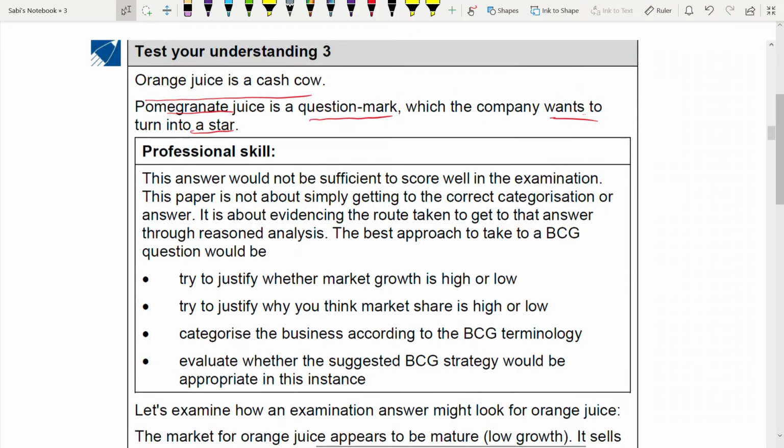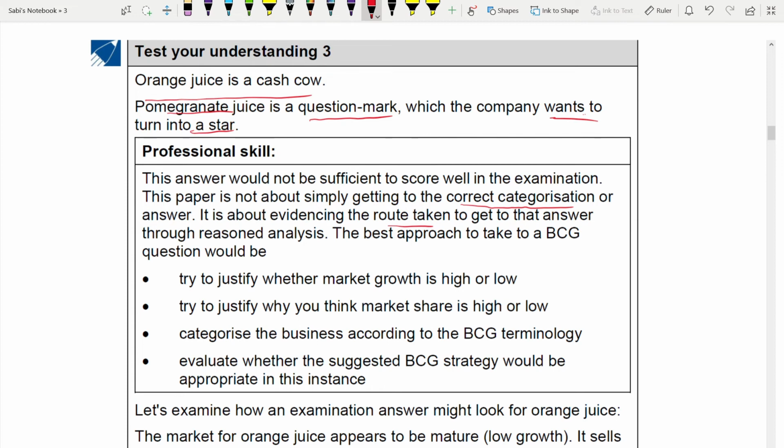You need the right answer, but you need a way to come to that answer. You cannot immediately write down like this without justifying why it is a cash cow or why it is a question mark. You need to give facts. This is not just about the correct categorization, what most students think. They think, if I am able to correctly categorize, I will get marks, that orange juice is a cash cow, pomegranate is a question mark. No, it is about the route that you take to get to that answer.